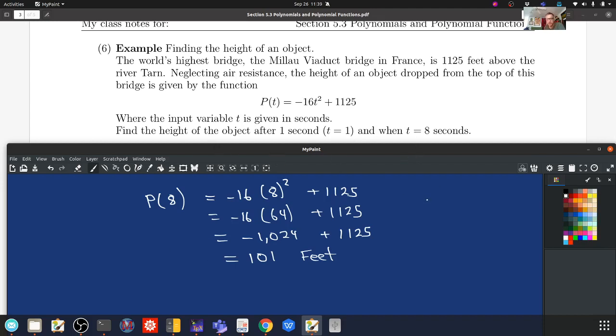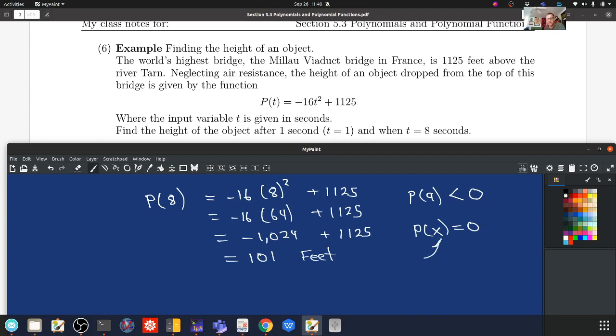Here's an interesting question. You should guess that probably P of 9 is going to be less than 0. But of course, you only hit the ground and stop. You can't continue falling. So we want to know for what value x do we have P of x equal to 0.